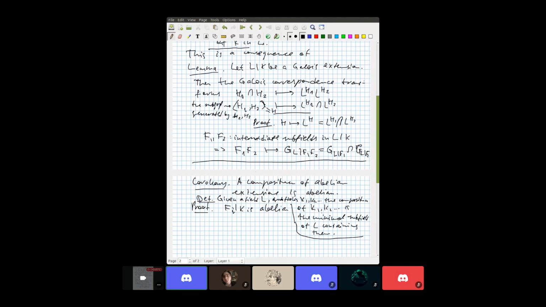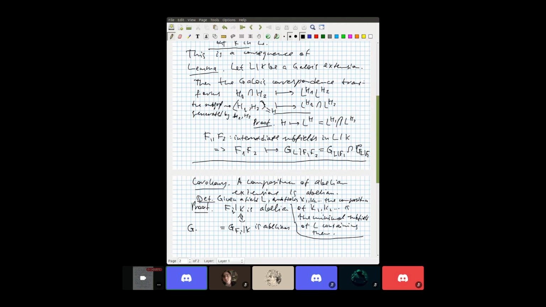So now, what does it mean that a certain extension is abelian? It means that the Galois group of Fi over K is abelian. What is this group? This is the quotient of the whole Galois group.